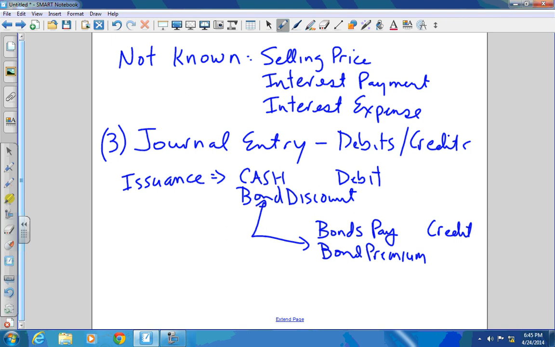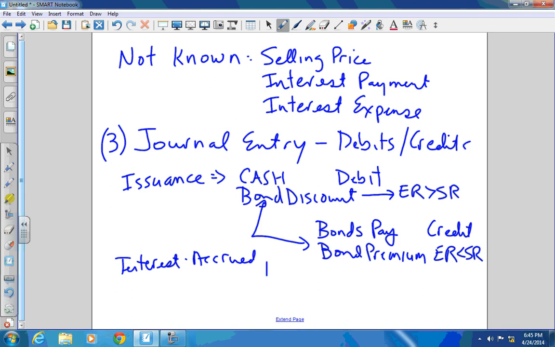depending on the situation. So remember, when the effective rate is greater than the stated rate, right, we're going to have a bond discount. And when the effective rate is less than the stated rate, we'll have a bond premium. So there's our issuance. Remember, for interest, and it's right accrued, because we're not making the payment, right?